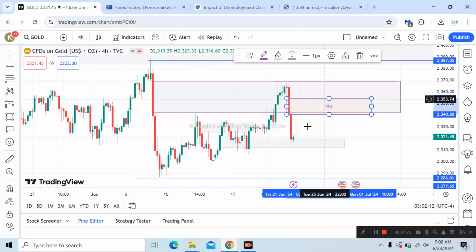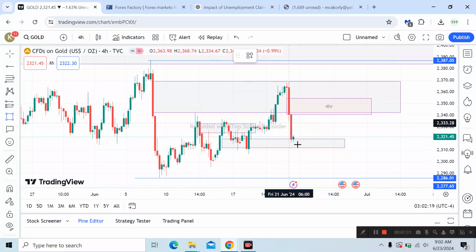Okay, then what else can we see? Now, from this 1, 2, 3 and this green candle, we can see another imbalance form out. So from this candle's low to this candle's high, and that is how we are drawing our imbalances.